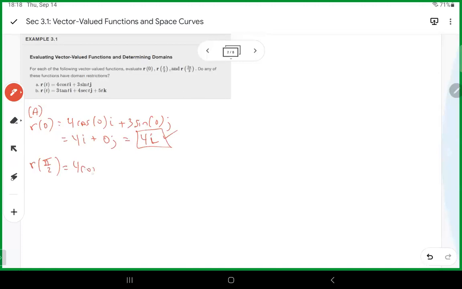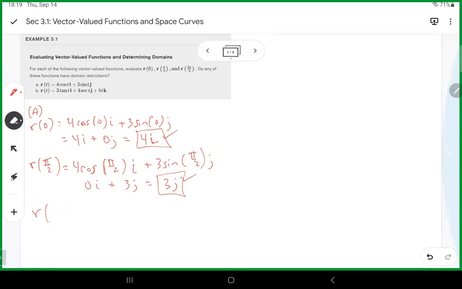So that's 4 cosine pi over 2 i plus 3 sine pi over 2 j. And if you work that out, you're going to end up with 0i plus 3j. So that's just going to be 3j. All right, and then the last one is 2 pi over 3.